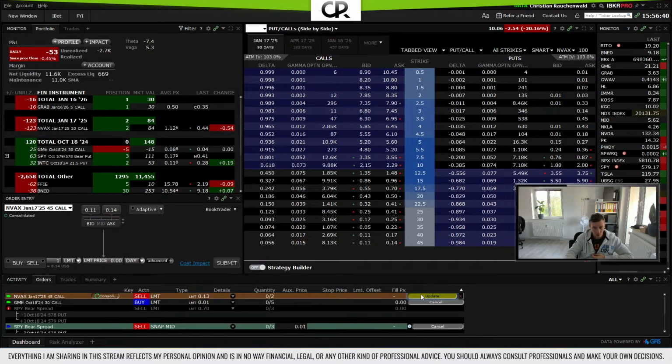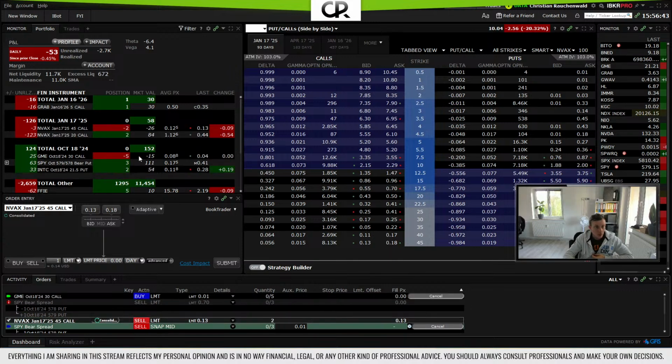I'll do it on the other window real quick so that I don't have to switch between screens. So in Novavax, we now also sold two 45 calls, and we sold them for 0.12. And so that I can already save.